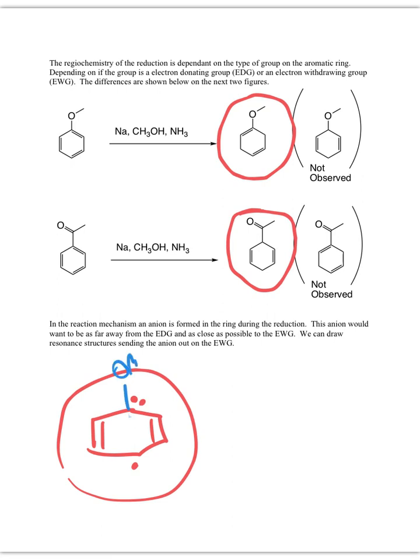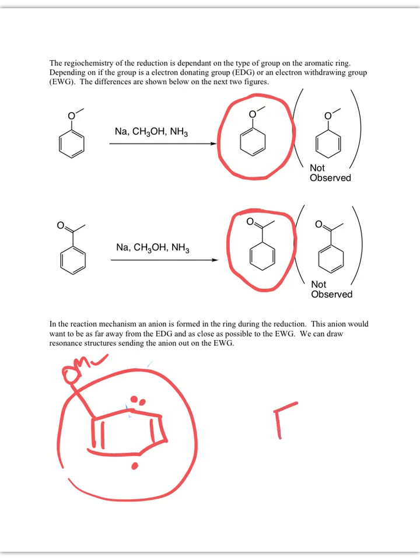I'm not going to put it here because that oxygen is electron rich. It's not going to go well on the carbon that has the negative charge on it. So the only place we can put an electron rich group is on the carbon next to that, so it's as far away from the negative charge as possible.